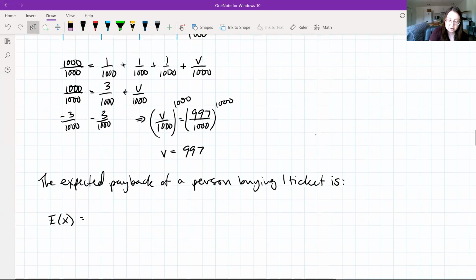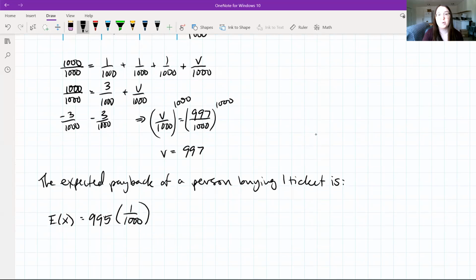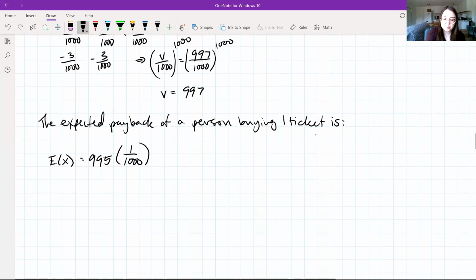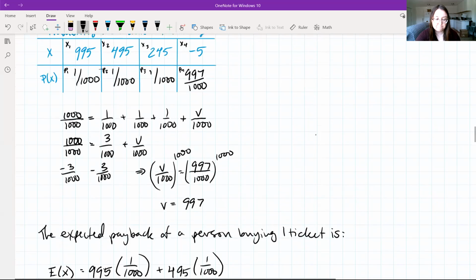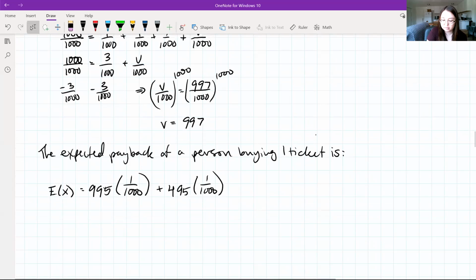So we have x sub 1, which is 995, times p sub 1, which is 1 divided by 1,000. Then we have our second value, x sub 2, which is 495 multiplied by 1 divided by 1,000. And we have our x sub 3, which is 245 multiplied by 1 divided by 1,000.